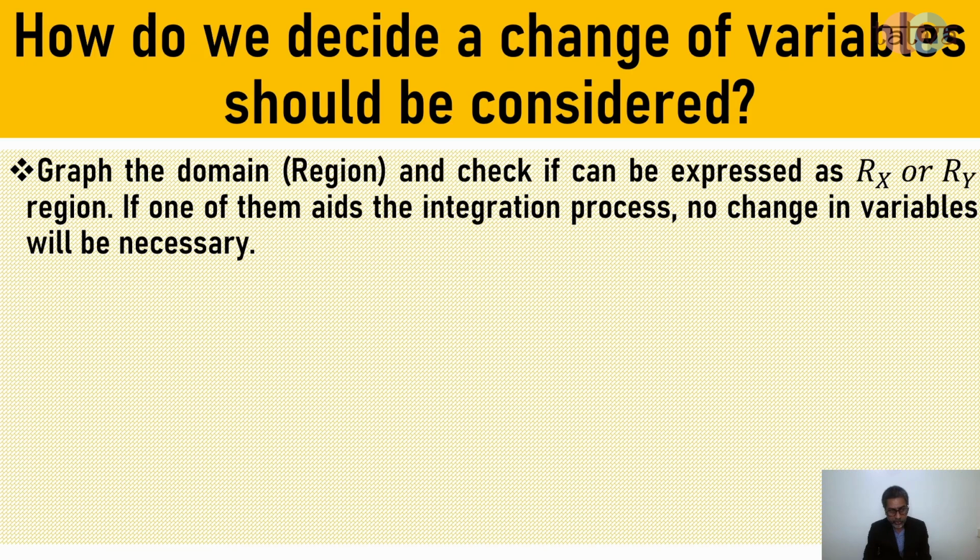Suppose you are able to express it as an Rx region or an Ry region, and if any one of them aids the process of integration, that means it allows you to integrate quickly, then we don't need any change of variables absolutely. We can execute the problem in the original variables itself.